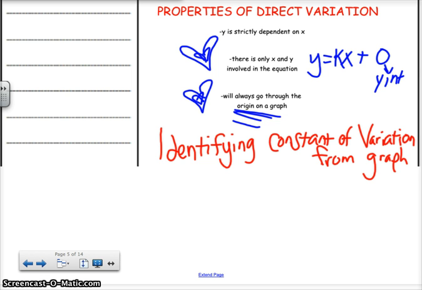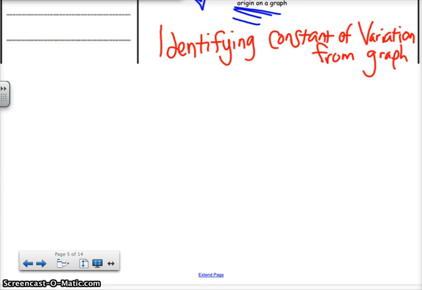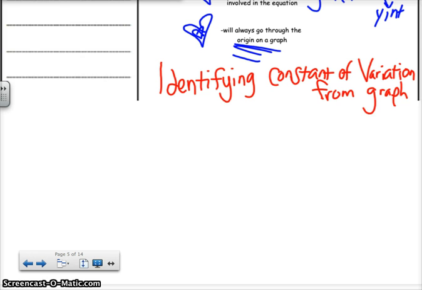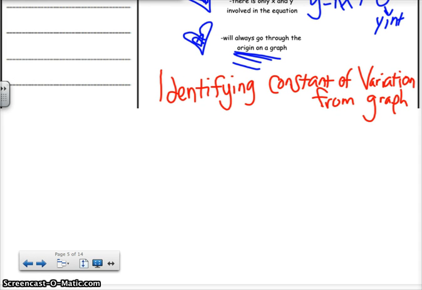Now I'm going to help you think this through. Most of your graphs today, or from your assignment, it's going to want a unit rate. A unit rate, you will always want a 1 on the bottom, or get a 1 on the bottom. That's where you might want to create a proportion.